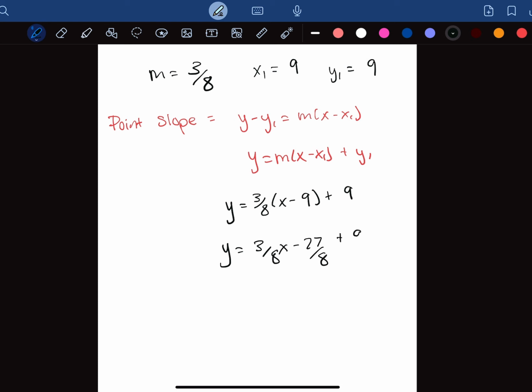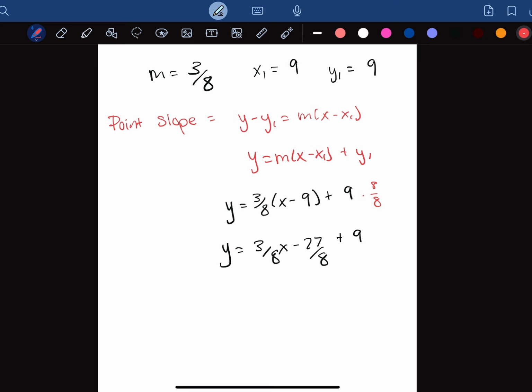Plus 9. And so now we can make a common denominator between 9 and 27 over 8. So let's multiply the top and the bottom by 8. 9 times 8 is 72.